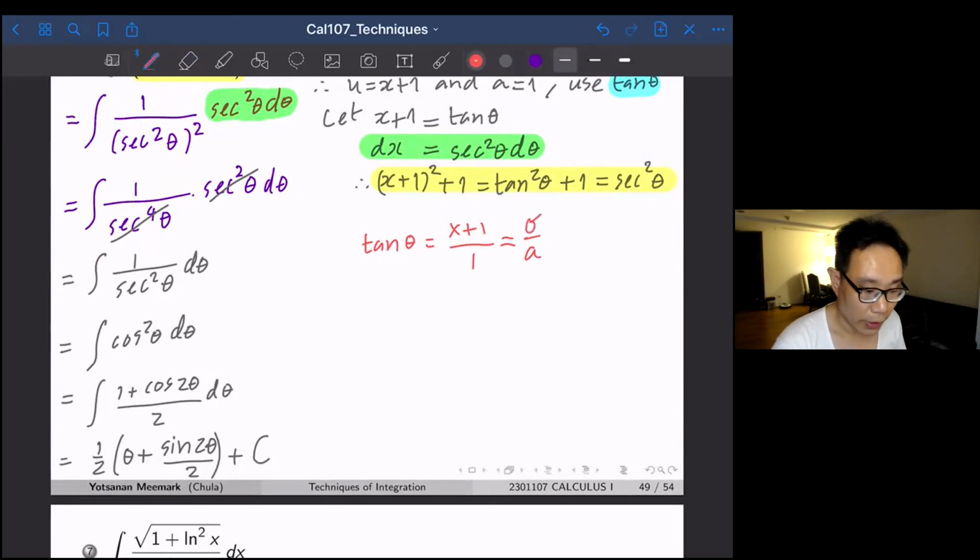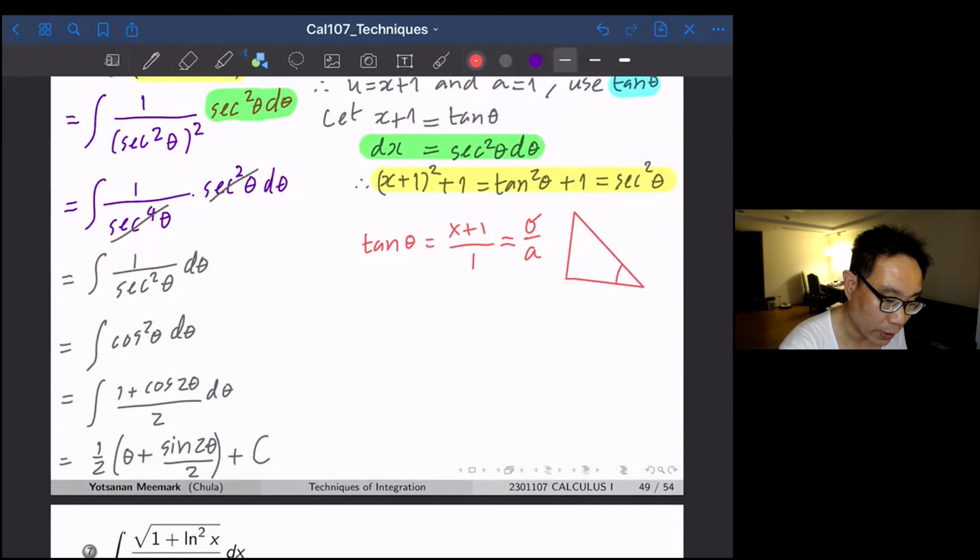Okay, so in this case, you're gonna have the right triangle. Okay, so for this one, you're gonna have theta. Okay, so you have opposite equal to x plus 1, and you have adjacent equal to 1, and this guy will be square root of x plus 1 square plus 1.